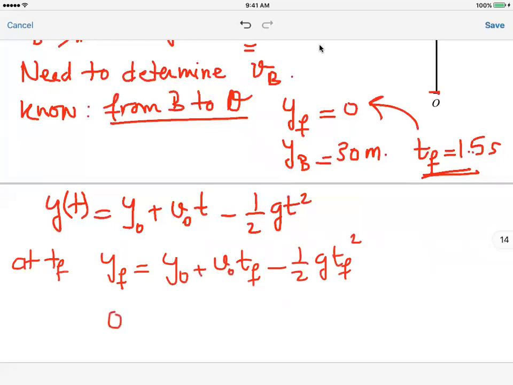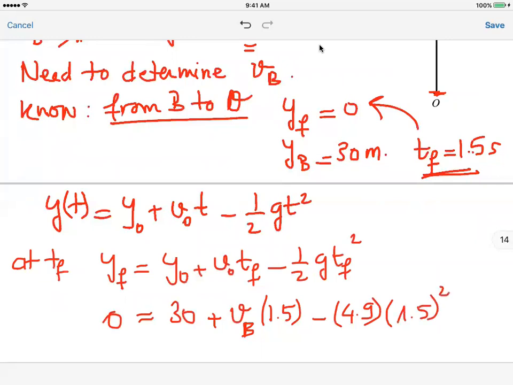Y final is equal to 0 because the object reaches the ground at this point O. That is equal to 30 in this case because the object at the initial time was at point B, 30 meters above, plus the velocity at the initial time, in this case the velocity at point B, multiplied by 1.5 seconds minus 4.9 multiplied by 1.5 seconds squared, right?